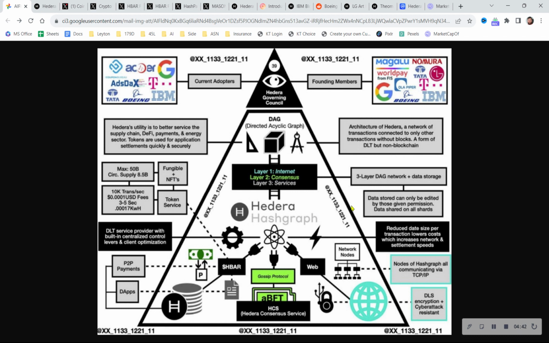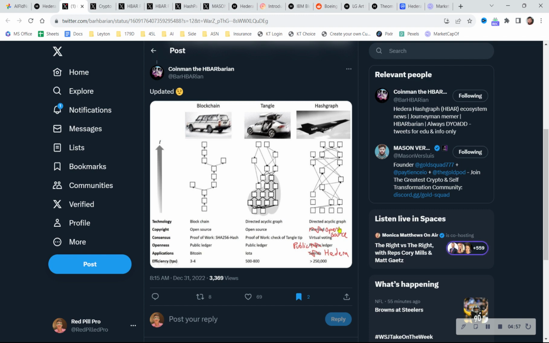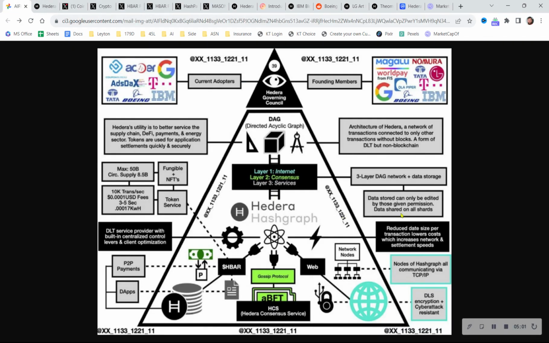It is a 3-layered, what was it? A DAG. I can never remember the exact term. I apologize. It is a directed acyclic graph, and that means that the information on it can only be changed by those with permission.